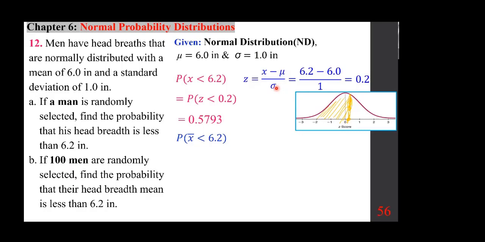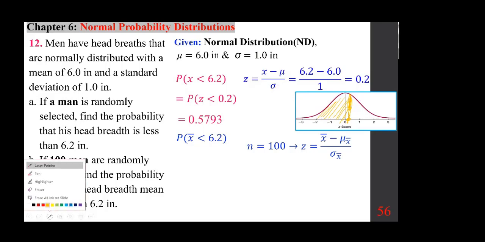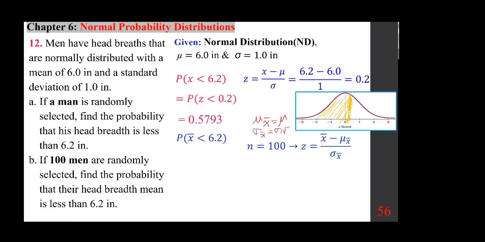Now, I want to remind you that mu of x bar is equal to mu. Mu of x bar refers to the mean of all those means. Sigma of x bar is sigma over square root of n. Because you're dividing by the square root of n in the denominator, in essence, you're multiplying. The square root of 100 is 10. If you multiply by it, you get to the answer.